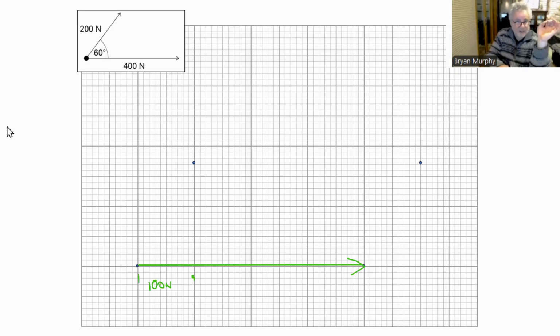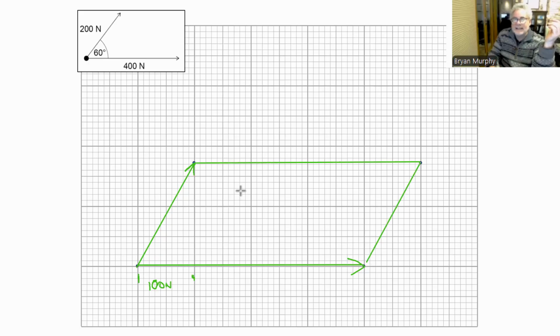That's my scale. And then I reach for my protractor that I did not forget to take to my exam. Same scale, measure the 60 degrees. There it is. And then I draw my parallelogram like that and like that. And then I find the resultant like that.